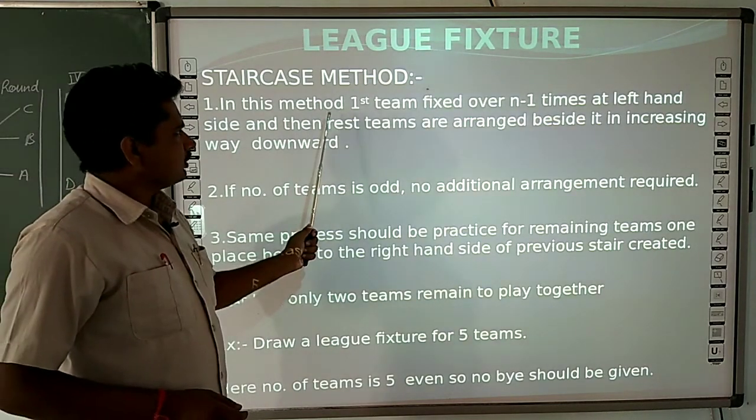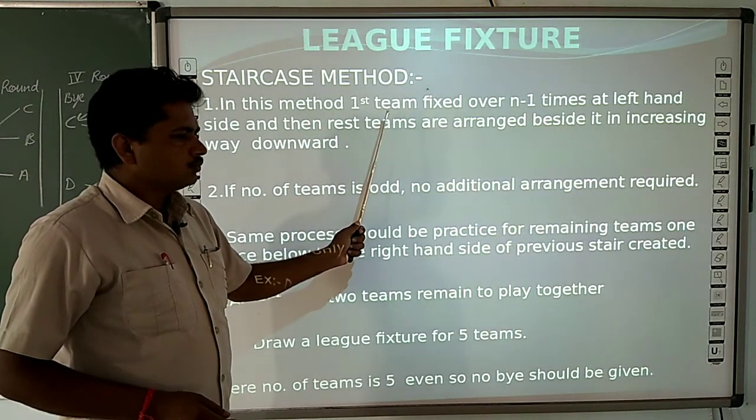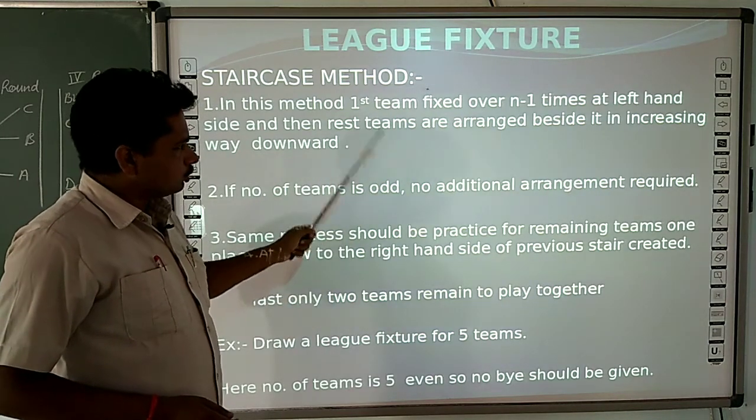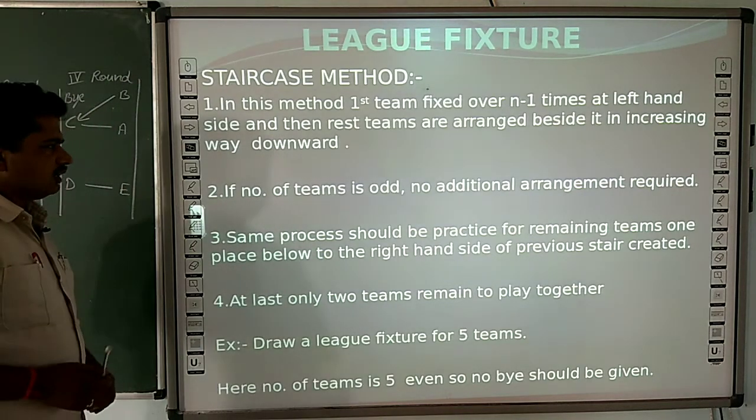Means at the very first place team 1, beside it team 2, once again team 1, beside it team 3, 2, 3, 4, 5. In such a sequence we arrange the teams.